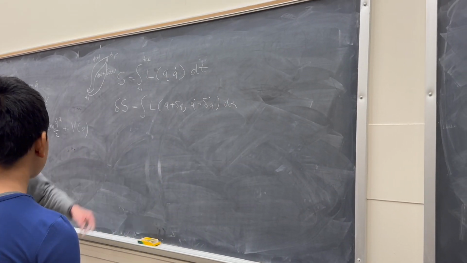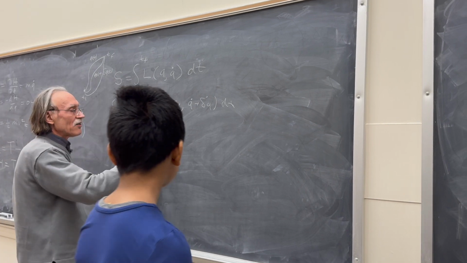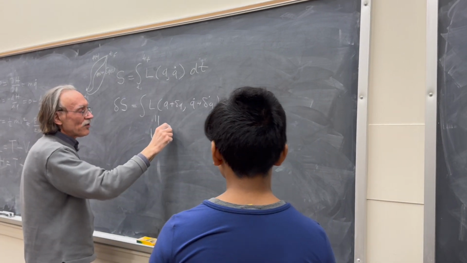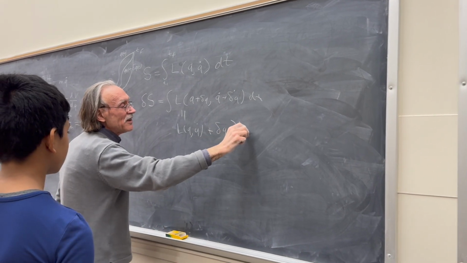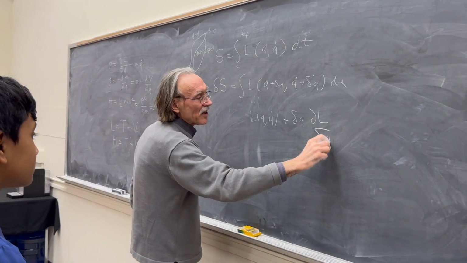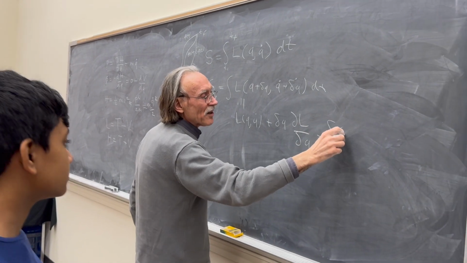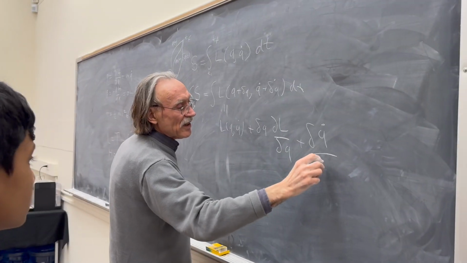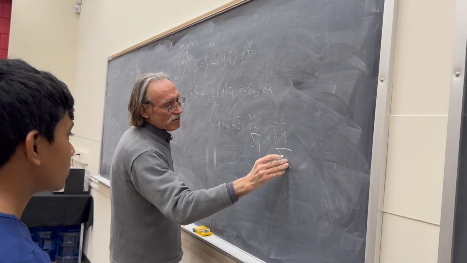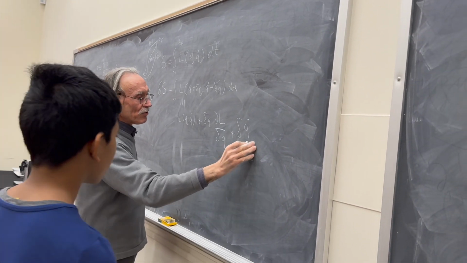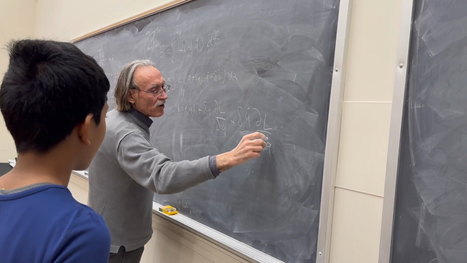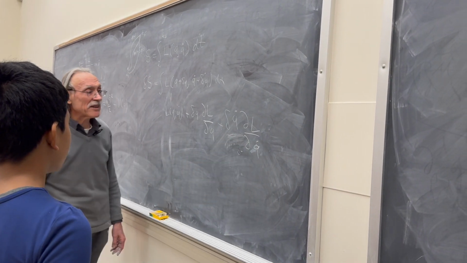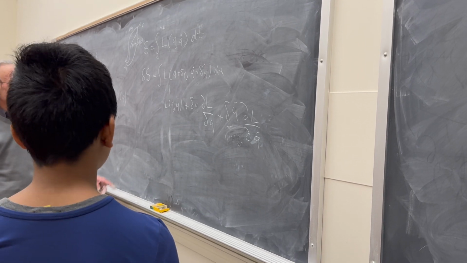Then I Taylor expand this: L of q, q dot, plus delta q times dL dq, plus delta q dot times dL dq dot. So I Taylor expand this to first order.